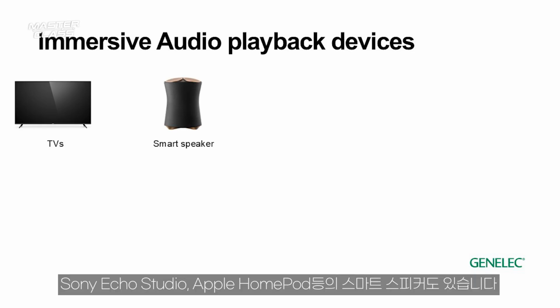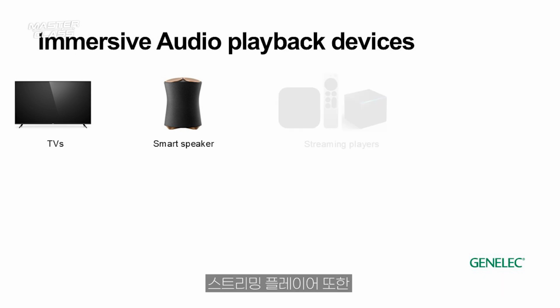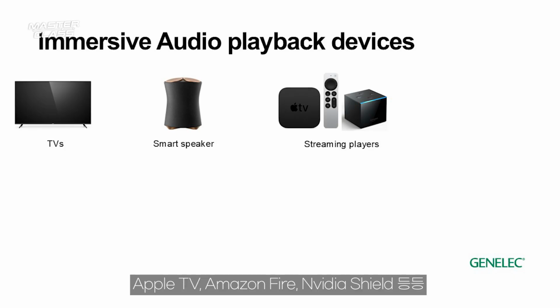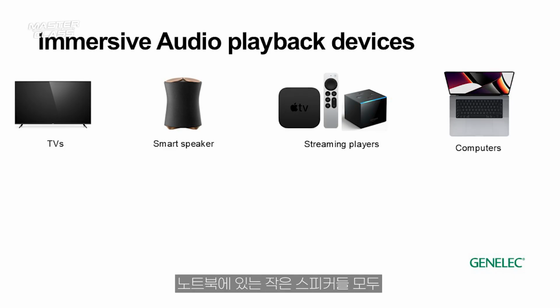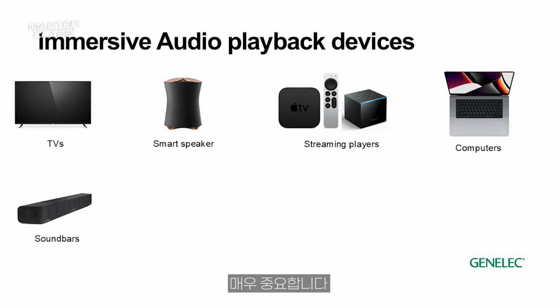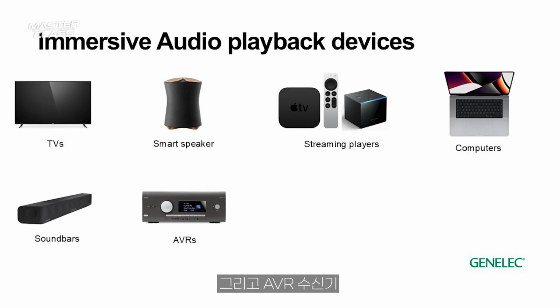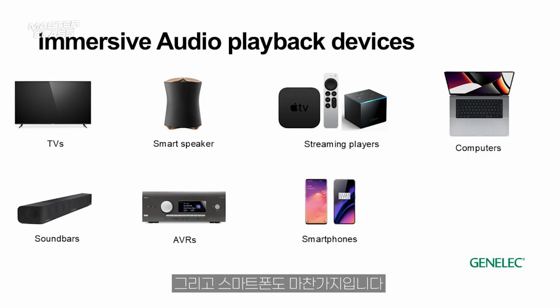There are smart speakers, Echo Studio, Sony, Apple HomePod, whatever, many different streaming players, Apple TV, Amazon Fire, NVIDIA Shield, many different devices that support Dolby Atmos. Computers, so here all the little speakers in my laptop, they play Atmos. Sound bars, very important, and AVR receivers and smartphones, obviously.